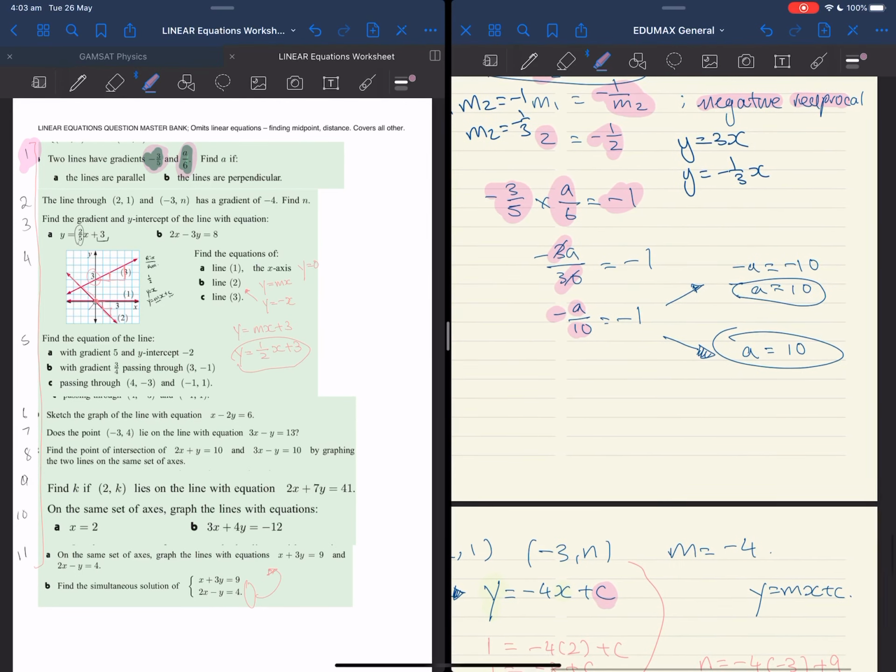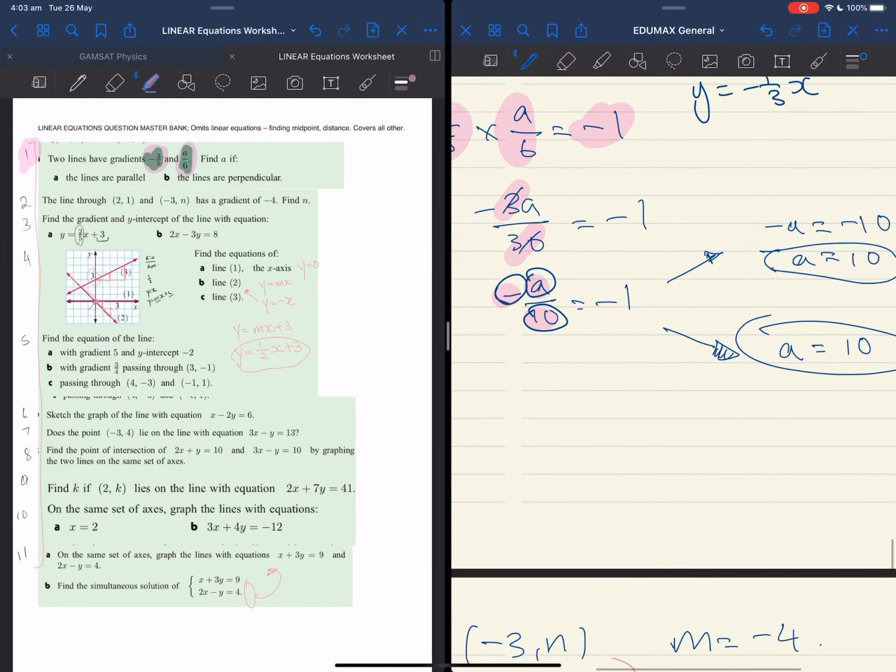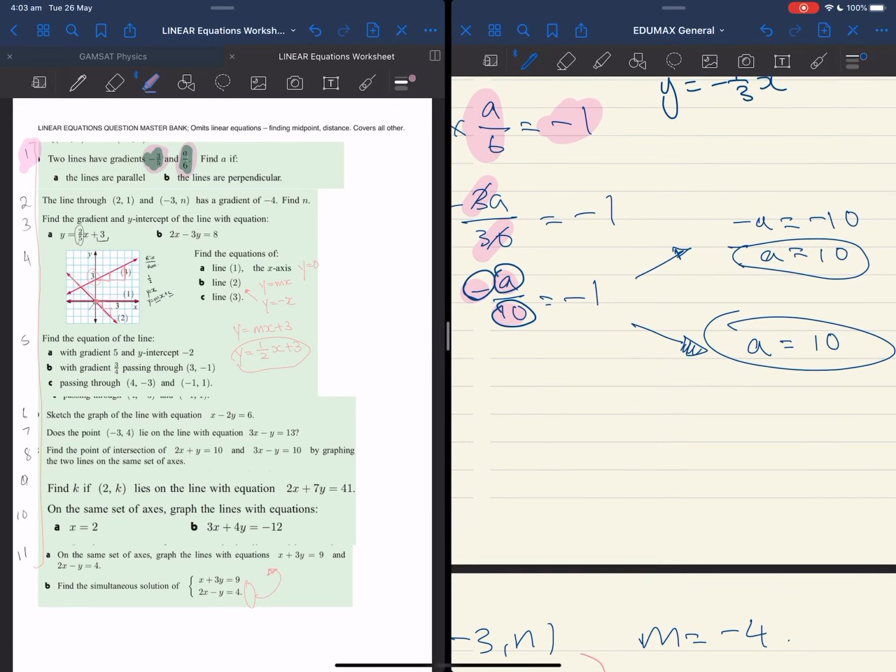A lot of students ask me, is the negative with the top or is the negative with the bottom? Right, doesn't really matter. For example, if I kept the negative with the a, we get -a multiplied by 10. So move 10 to the other side, so it'll be -10. And then you divide both sides by -1, right? And you get 10, right?